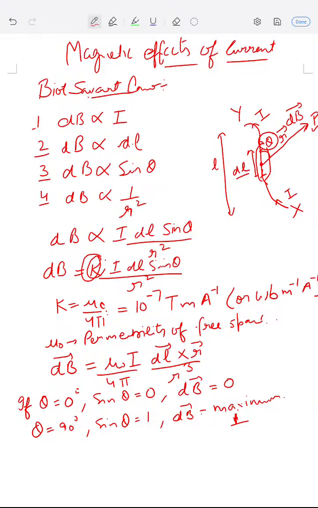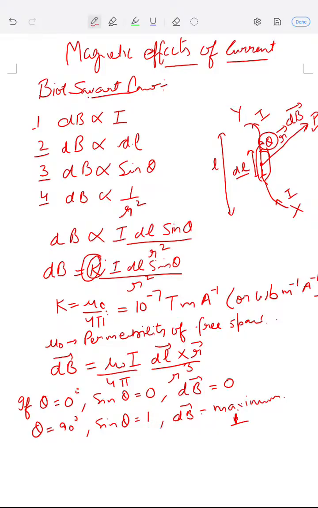Combining all 4 points, we got dB directly proportional to I dl sine theta upon r square. We remove the proportionality sign and introduce k. It is a constant term, and k is mu 0 upon 4 pi.